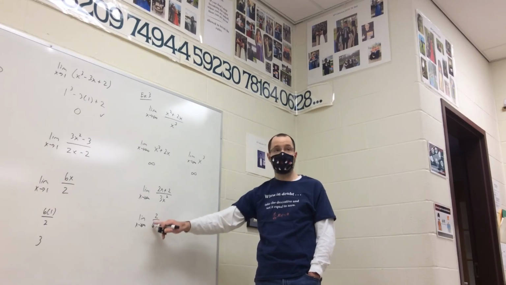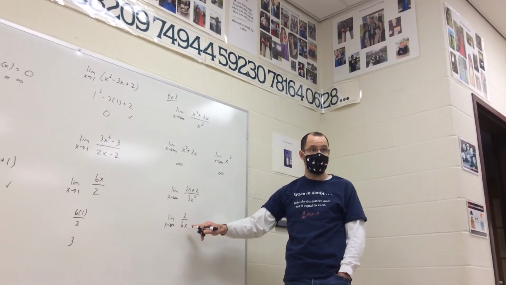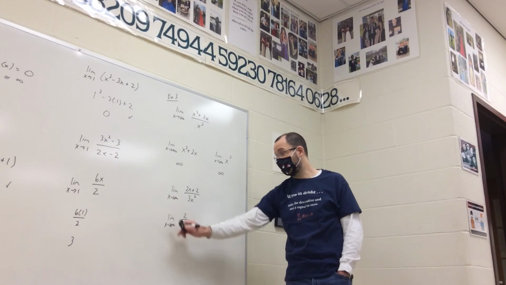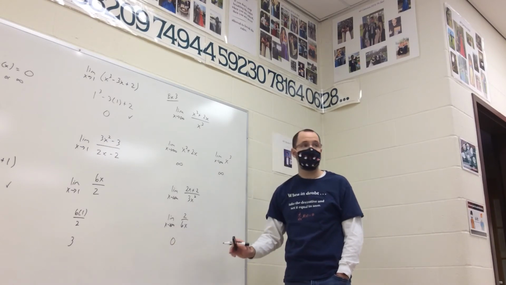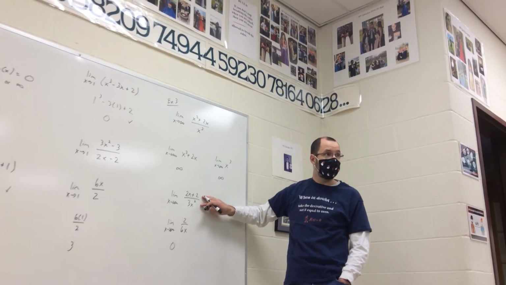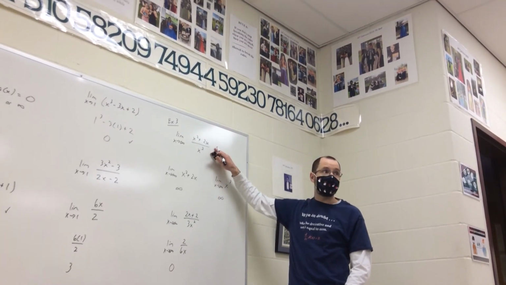And the bottom is getting really big. And if you take 2 divided by a really big number, that's going to get closer and closer to 0. So the limit of this is 0. So that means that the limit of this is also 0. And the limit of this is also 0.